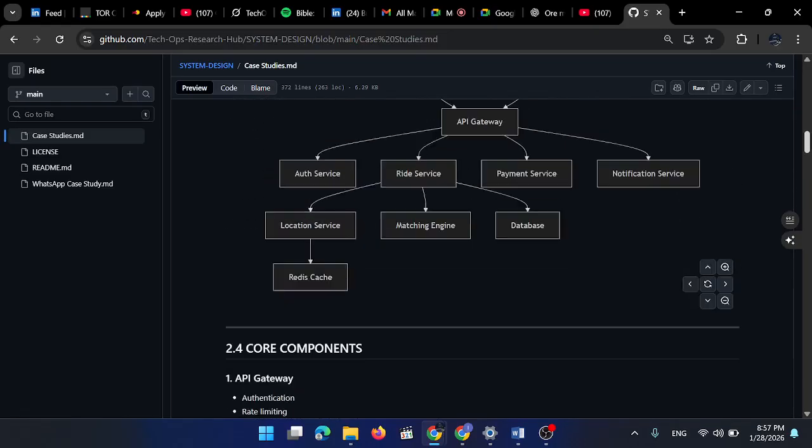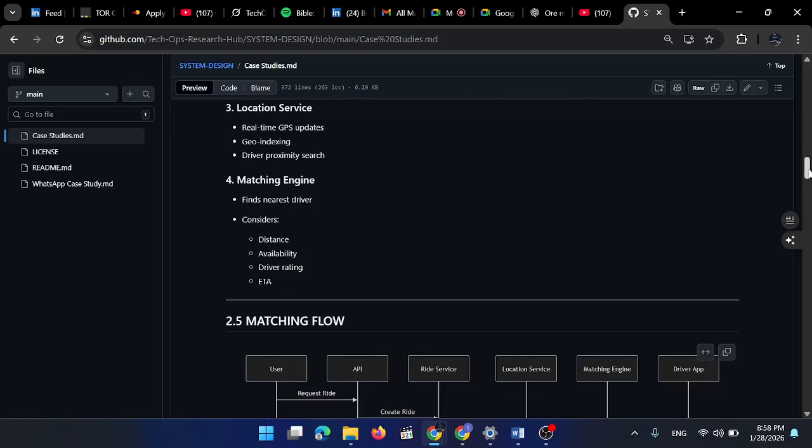So the matching engine, I hope you can see here, this is the matching engine. We've already talked about location service, ride service. Now we are here on the matching engine. In the matching engine, we are trying to find the nearest driver. So if you're going maybe from CBD to Westlands, or rather from Westlands to CBD, you have to find the nearest driver around you.